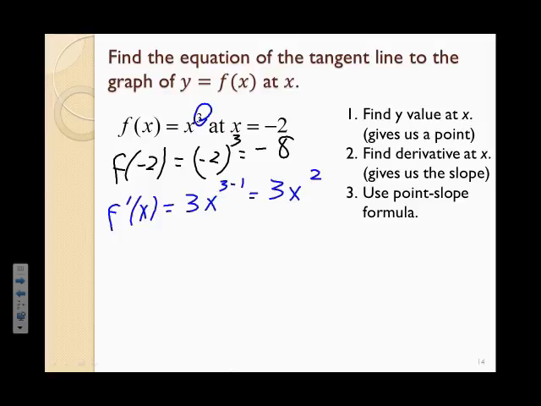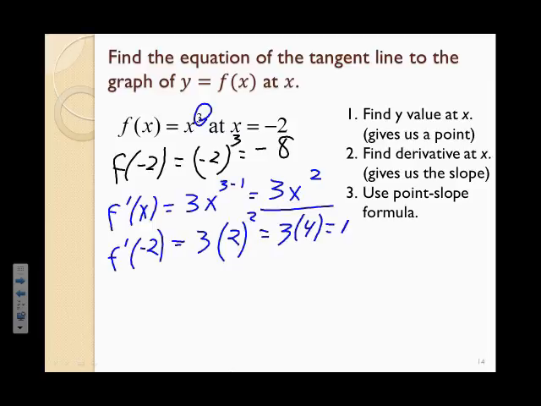To find the slope at x equal to minus 2, we do an f prime of negative 2. So we use what we just created, this 3x squared, and it becomes 3 times 2 squared. Well, of course, that's 3 times 4, which is equal to 12. So now we have our slope, or our first derivative.